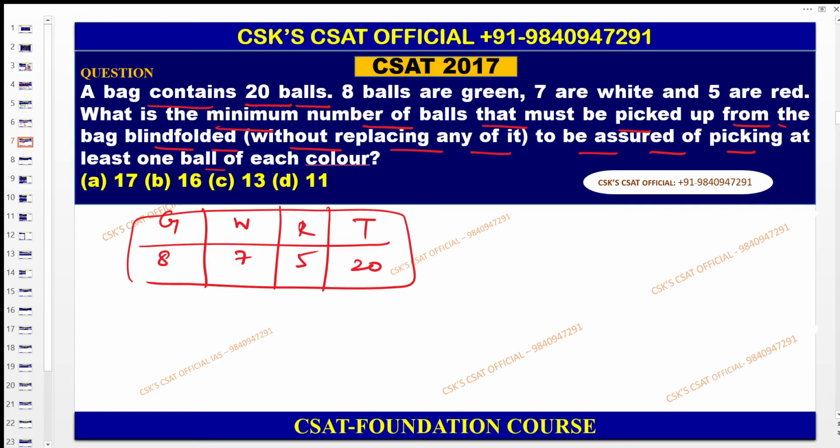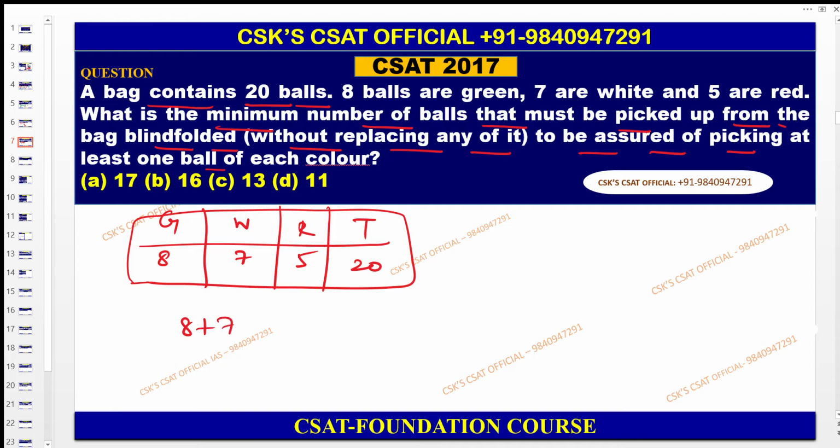Now try to understand this one, which gives you the maximum here. Suppose you are taking 8 balls, all the 8 may be green, right? If you are taking 7 balls, those 7 may also be green. That is the possibility here. So if you are taking 7, they might be white also.